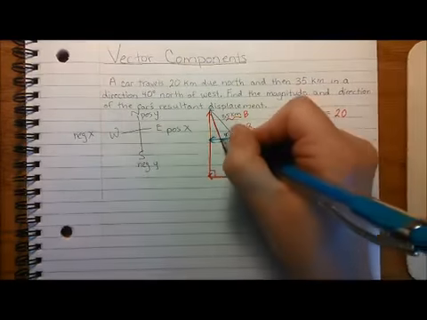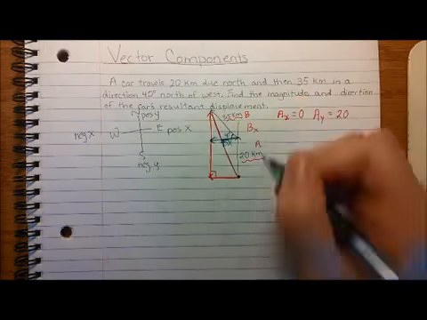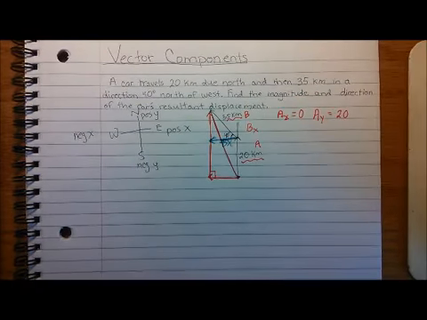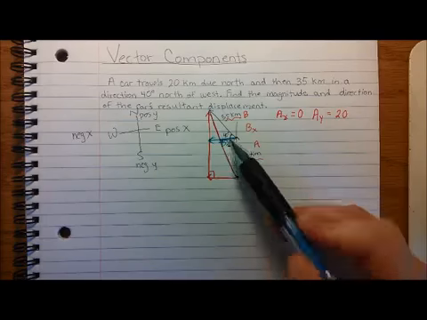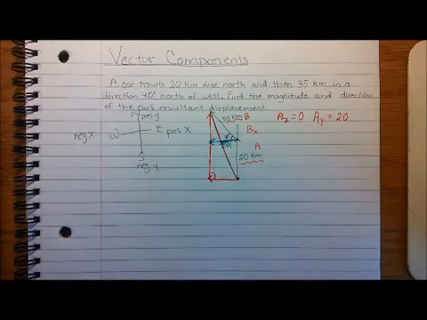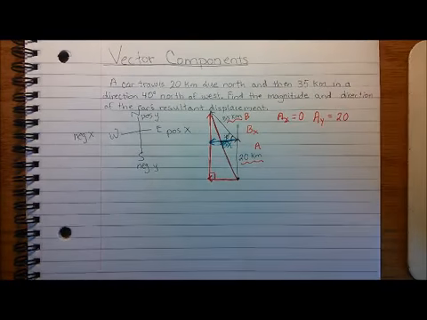Okay, so we're trying to figure out Bx. This side right here is Bx. How would we figure that out? Well, we can use our trig functions. We know the hypotenuse, and we're trying to figure out the adjacent. So what trig function do we want to use there? Well, we don't want to use sine because that would be opposite and hypotenuse. We want to use cosine because that's the trig function that involves the adjacent and the hypotenuse.